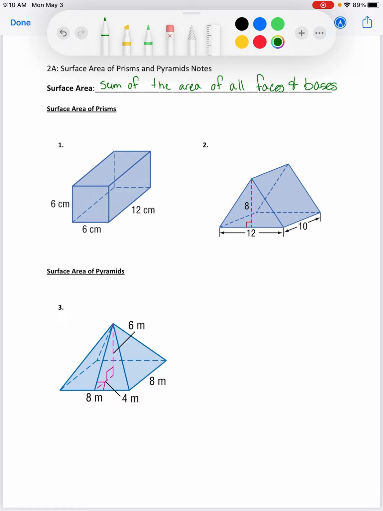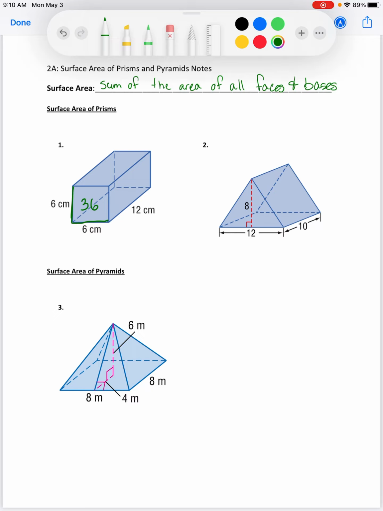First things first, I want to do the base times height of this square, which is 6 by 6. Since the area of a rectangle or square is base times height, and our base is 6 and our height is 6, we're going to do 6 times 6. 6 times 6 is 36, so the area of one of these squares is 36 centimeters squared.